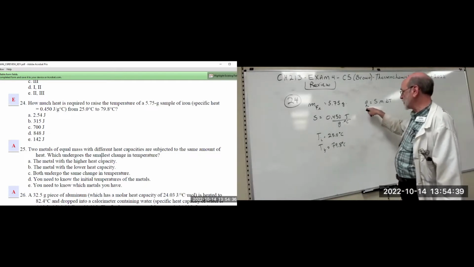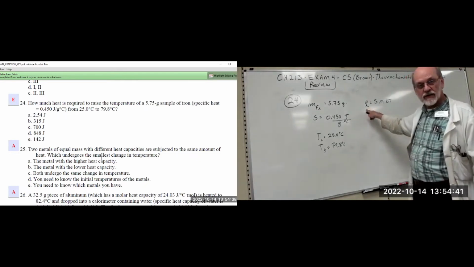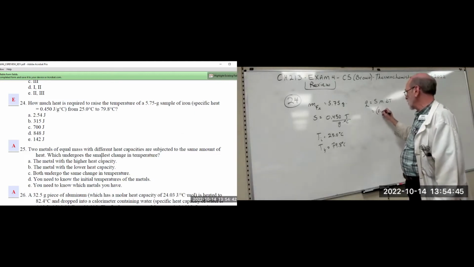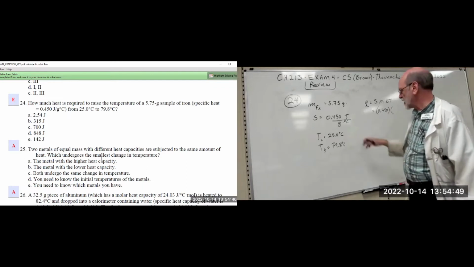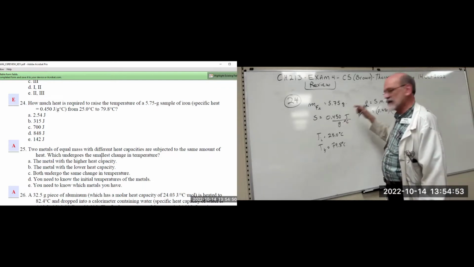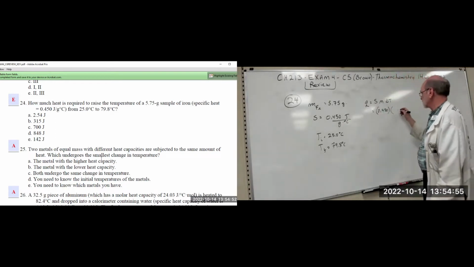So this is what we're after. What's the heat change? How much heat is required? So this would be 0.450. I'm going to leave out the units because we got all the units right: joules, grams, degrees C. We're good on the units.